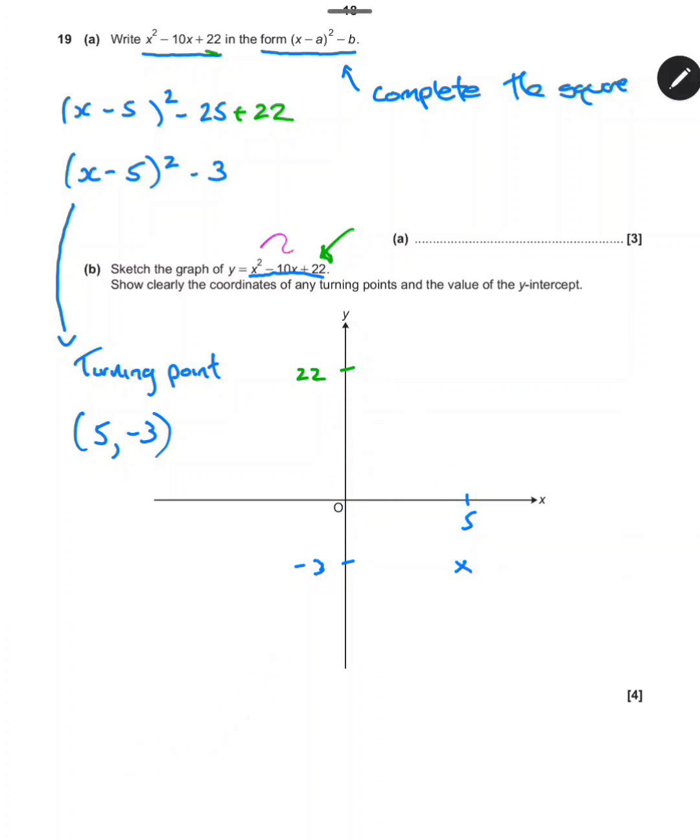The fact that it's a positive x squared graph means it's going to look like that. So we just need to come down through that. It's going to bottom out at the turning point and bounce back up. Must be a U shape. Must be a curve at the bottom, not a flat bottom, and must pass through 22.